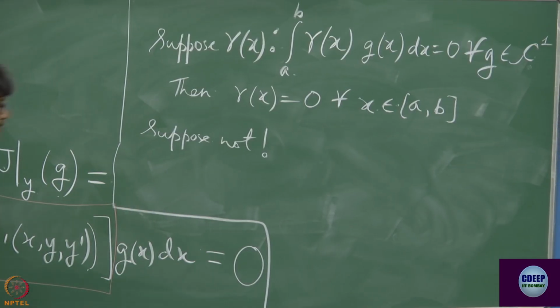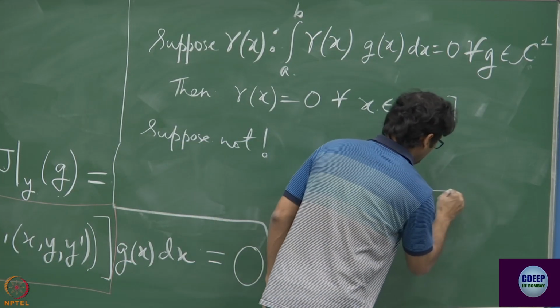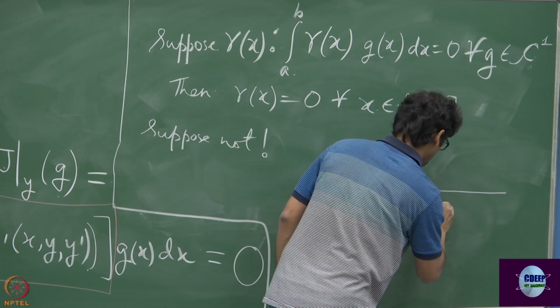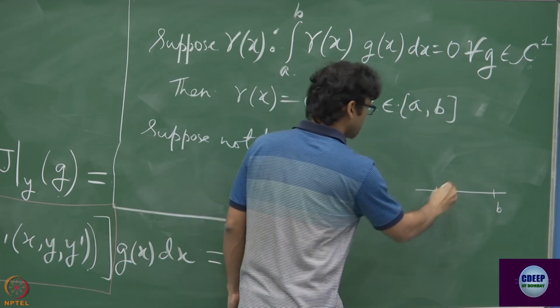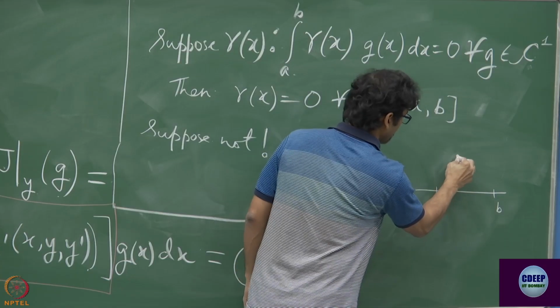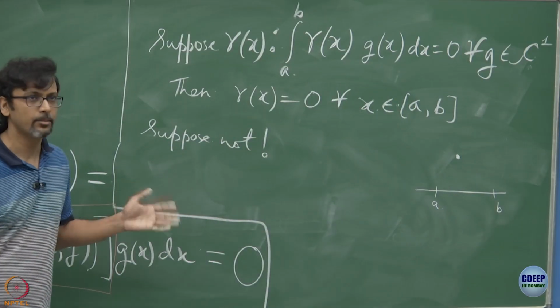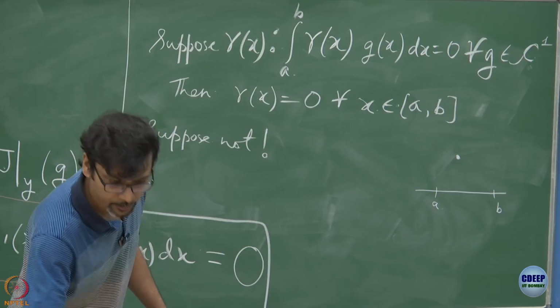Suppose not. So you have an interval a to b here, and I am not writing this proof in its entirety, I am just giving you a sketch of the proof.